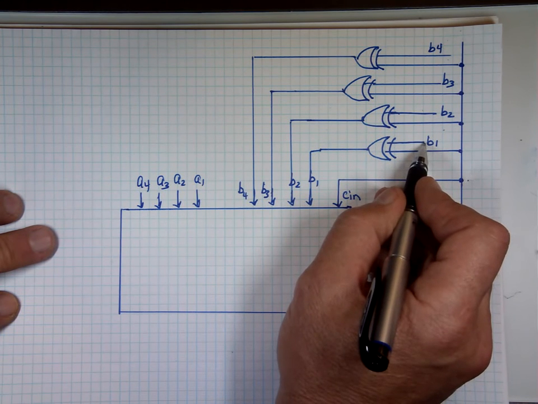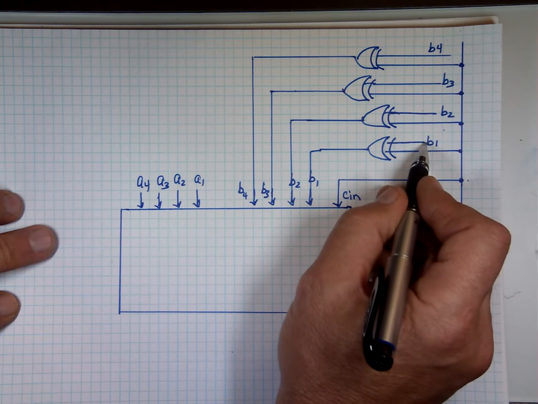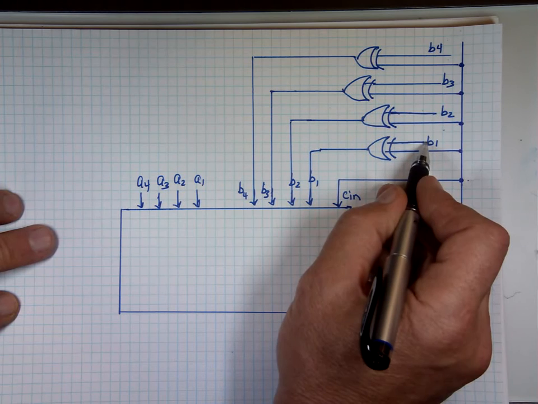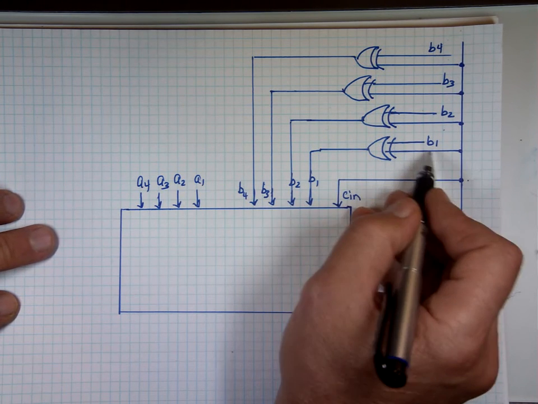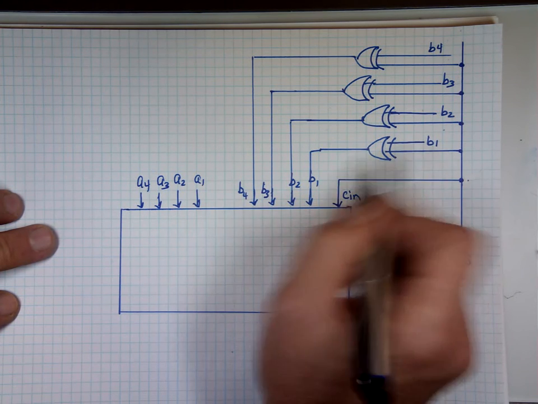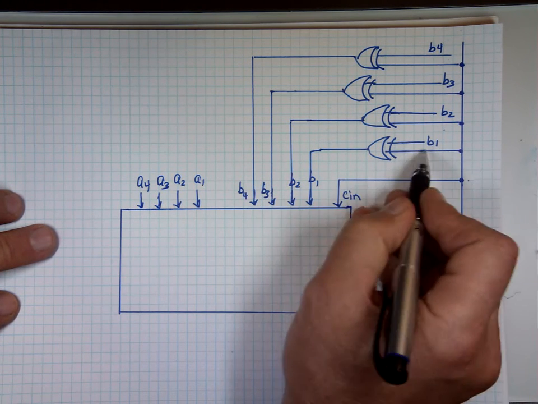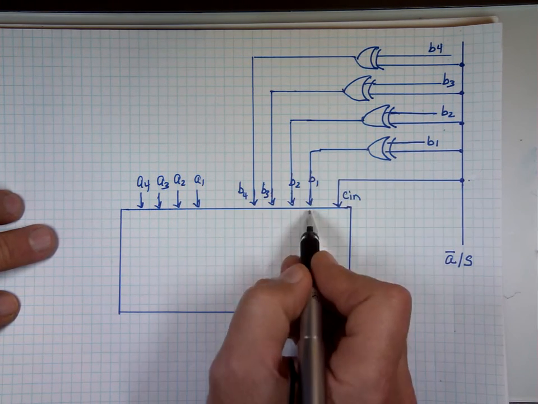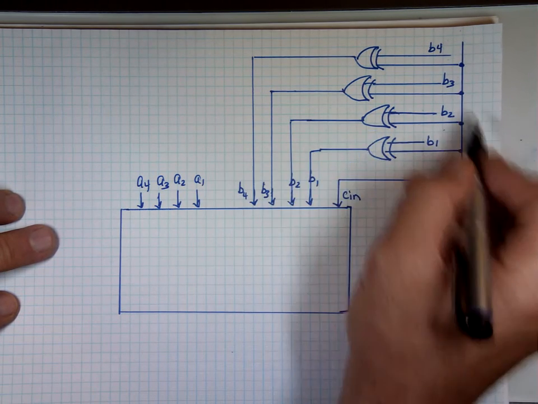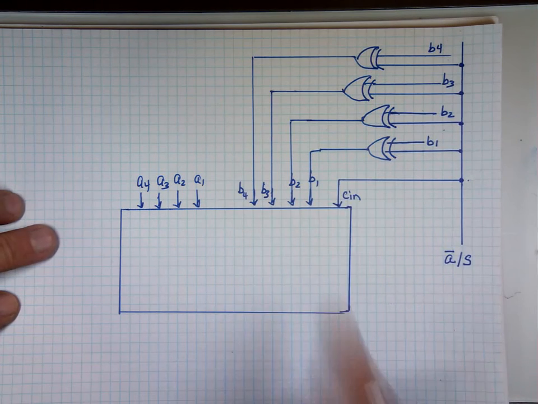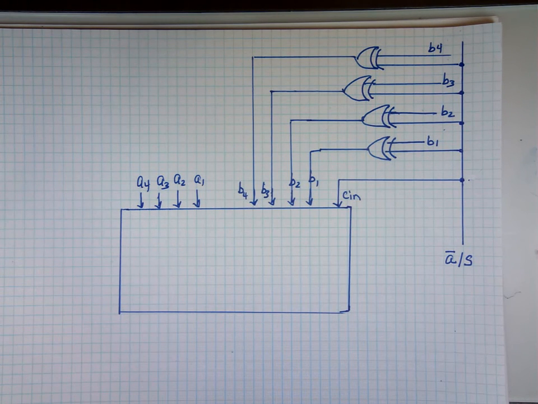Well, the value of this will depend on B1. If this is 0, what's 0 XOR 0? You get a 0, the same as B1. If this is 1, what's 0 XOR 1? 1. So basically, when you put a 0 here, this will be B1. When you put a 0 here, this will be B2, B3, B4. You're just adding them, and there's no carry. Basic, straightforward.